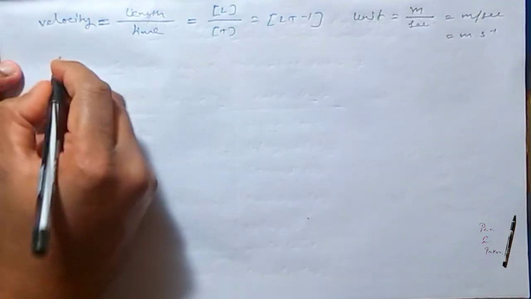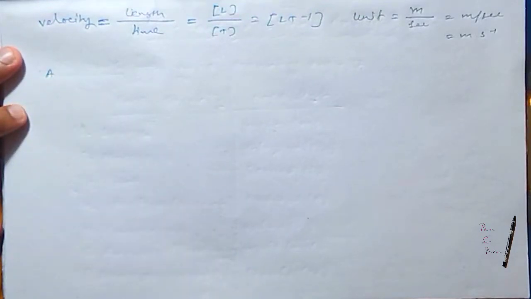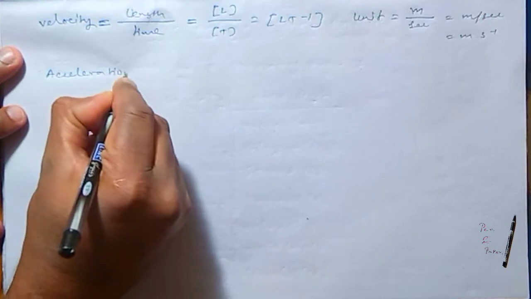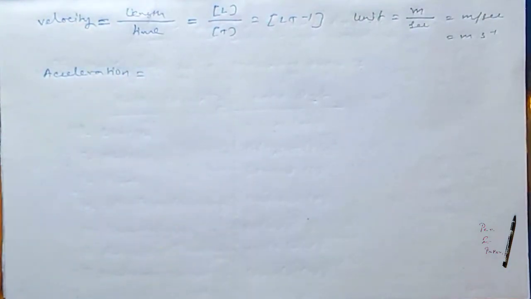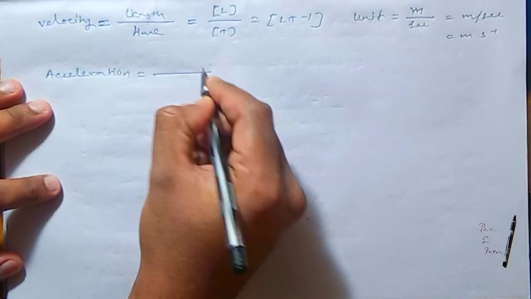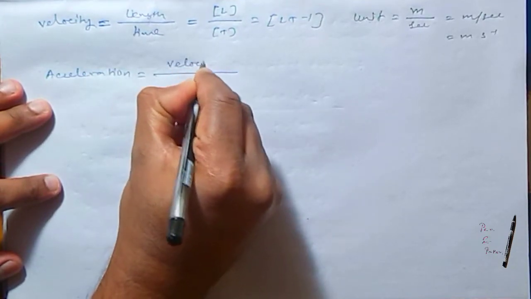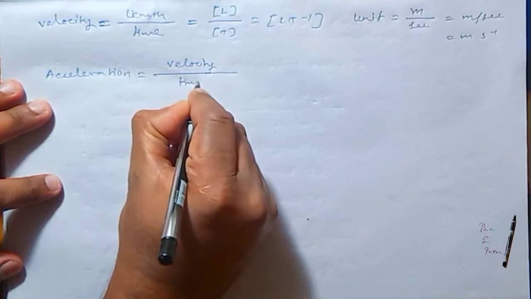Now find the acceleration. Acceleration is the rate of change of velocity. So if we write this equation, it will be velocity per time.